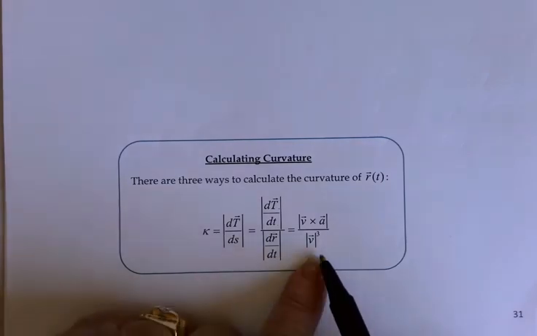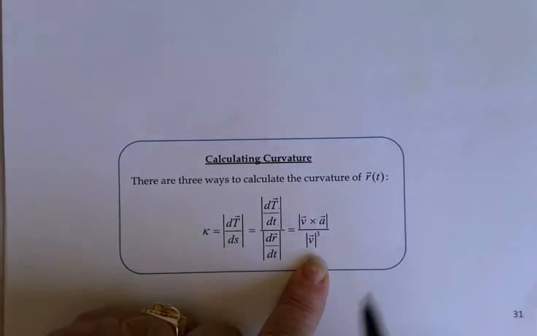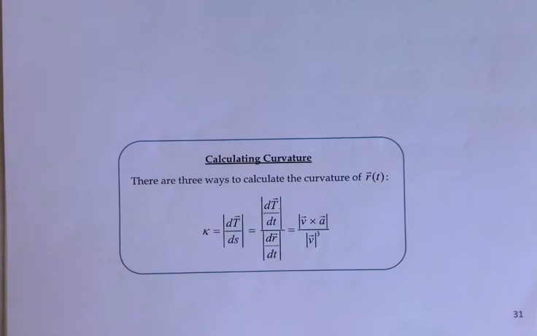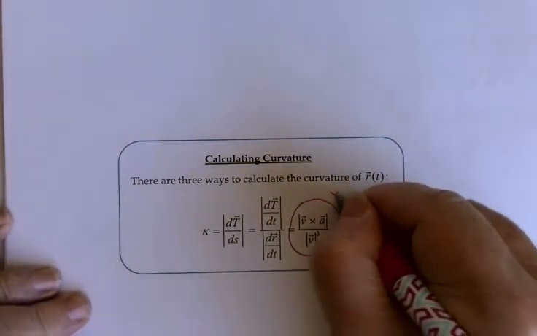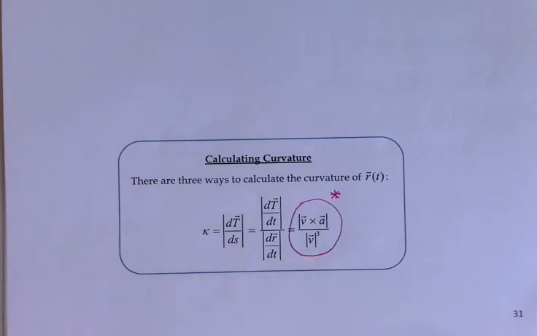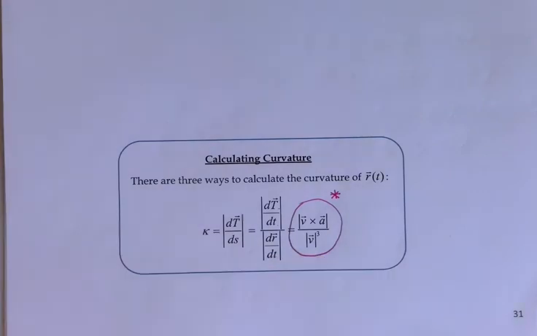Or I can use the formula: the magnitude of velocity cross acceleration, divided by the magnitude of the velocity cubed. For most people, this one is going to be the preferred method. We're so used to calculating velocities and accelerations that it's pretty quick, and then we can just throw it into that formula. So when I'm asked to find a curvature, I'll generally go about it that way.